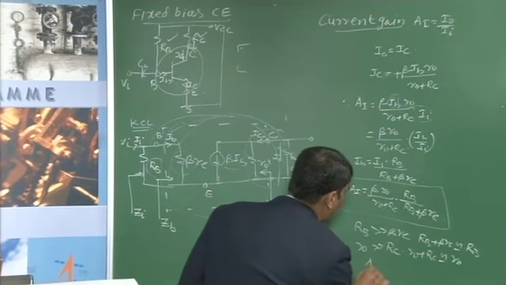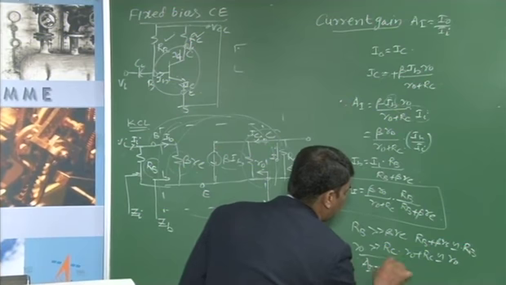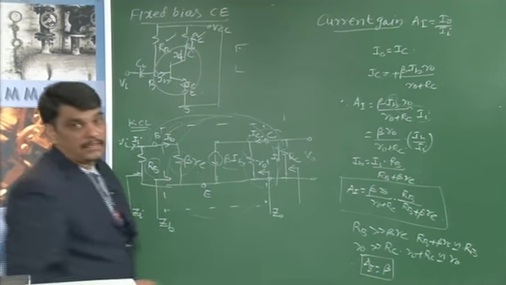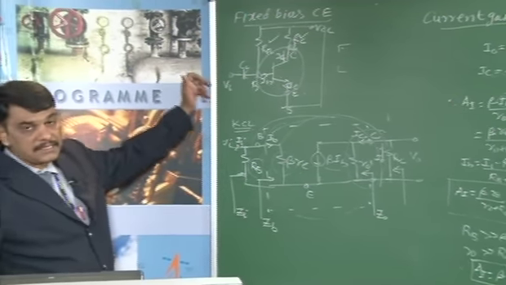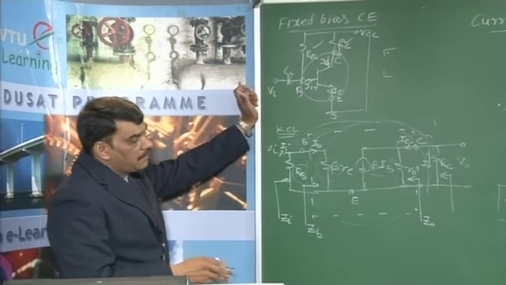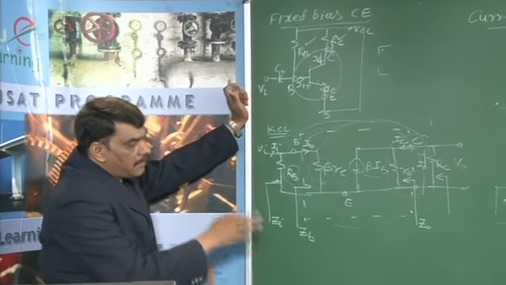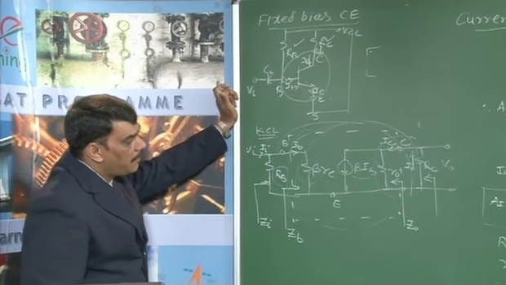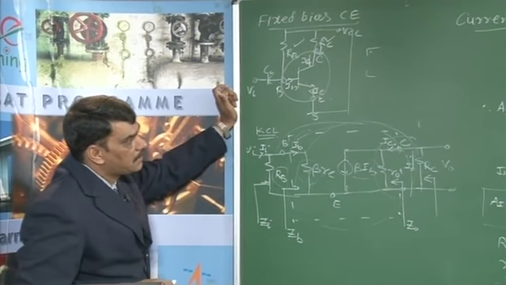Hence, you are going to get a current gain AI approximately equal to beta. Whether you use biasing circuits or not, the current gain of a transistor is approximately equal to beta. Already we defined this in the previous session.